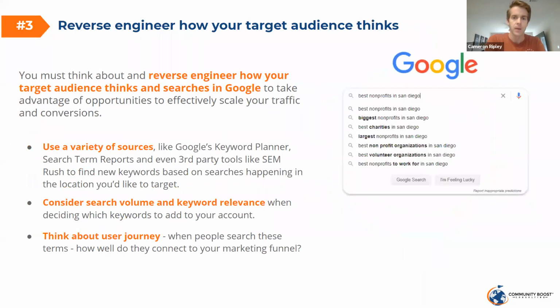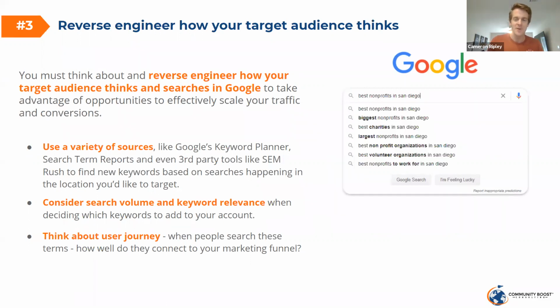Number 3 is to reverse engineer how your target audience thinks, right? So at this point, we talked about defining success beyond just the visitor, to measure all the key conversion goals that matter so you can improve them. And now, to really build your strategy, you need to take a second and think about your key personas and how do they actually search in Google.